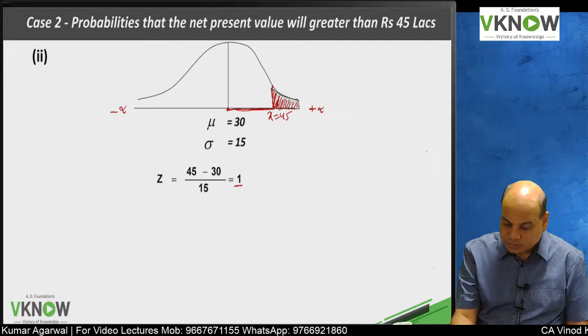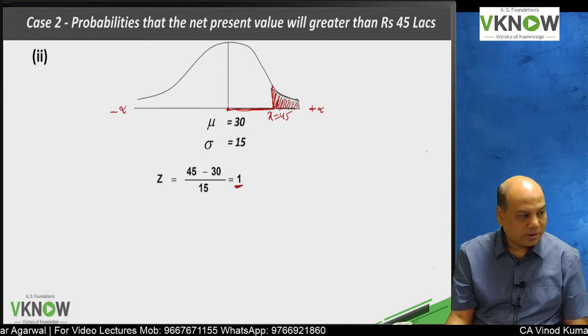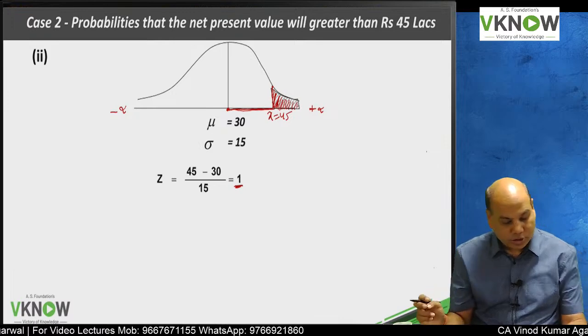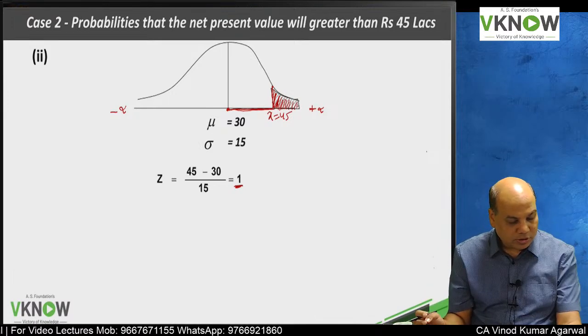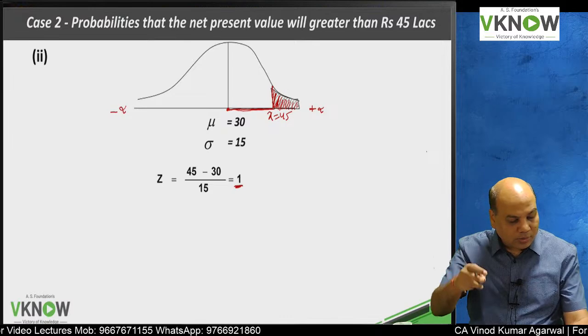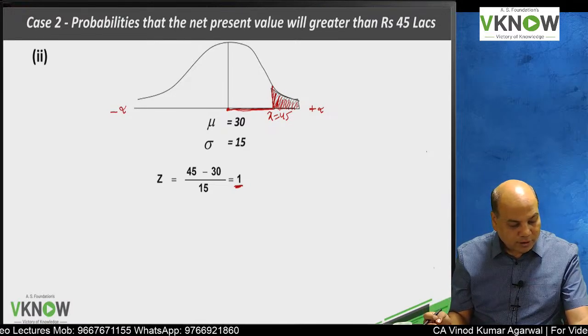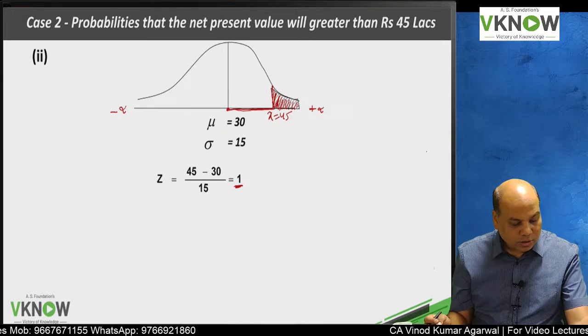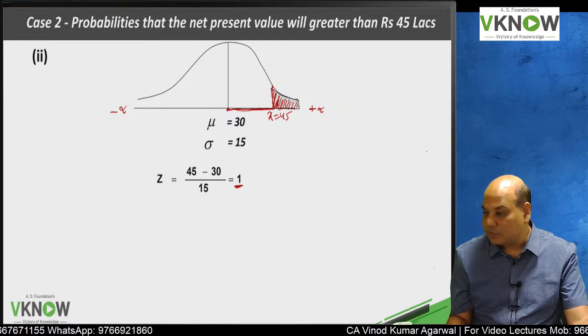So this is 1. Now you come to the normal distribution table. In that column x, you will find 1 written after 10 or 11 lines, and next to that 0.34134 is there.